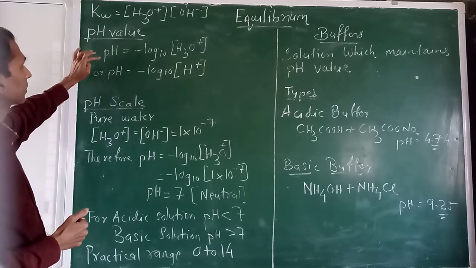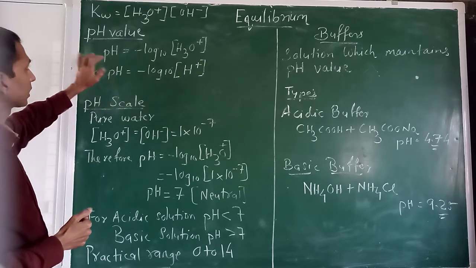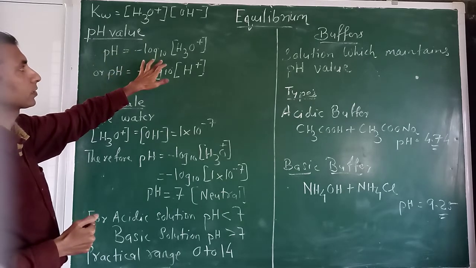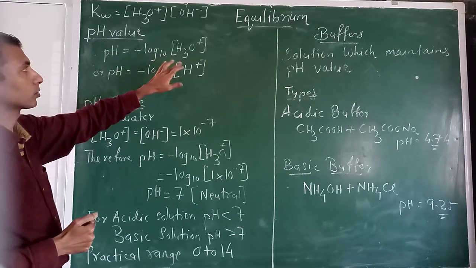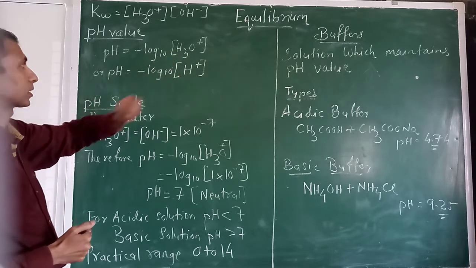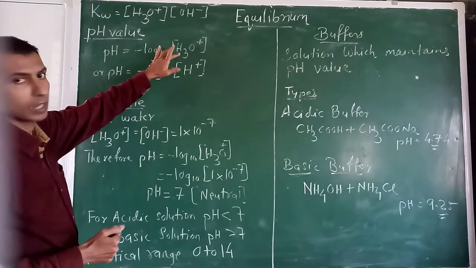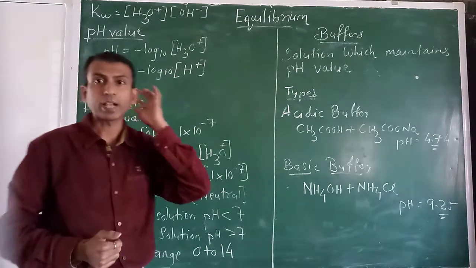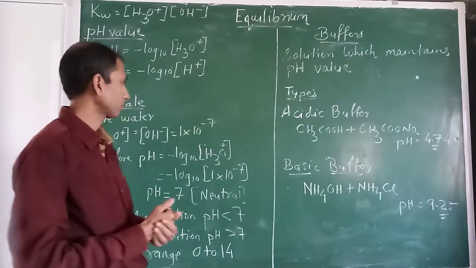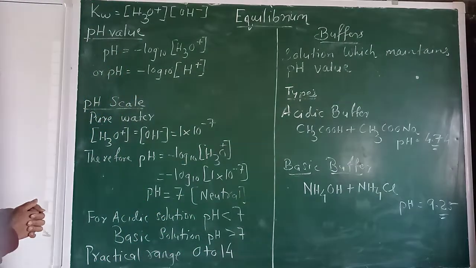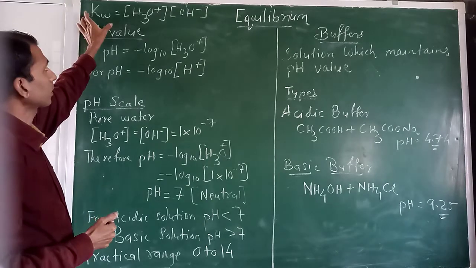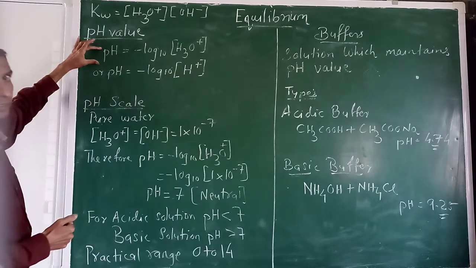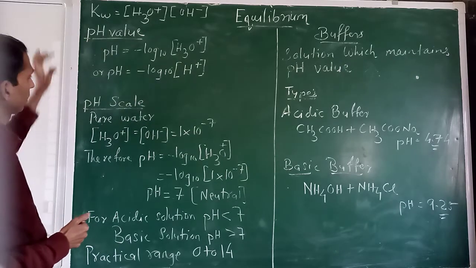And we can find the pH value using this equation: pH is equal to minus log to the base 10 of the molar concentration of hydronium ion or H plus ion, and we will get the value for pH of any solution. So here, as you can see, with the help of ionic product, we are using this first term in this equation, and we get the equation for pH.